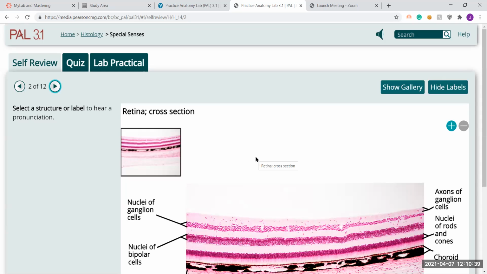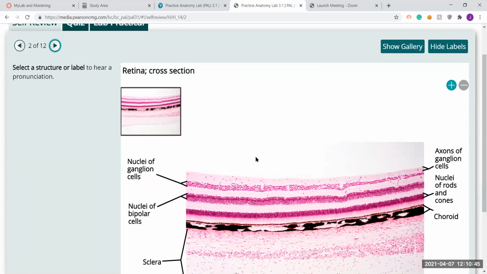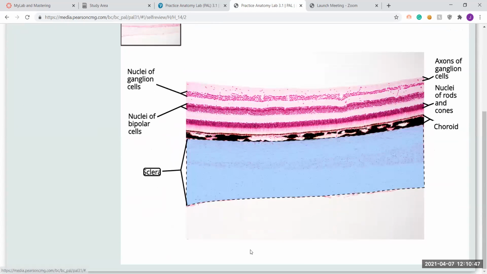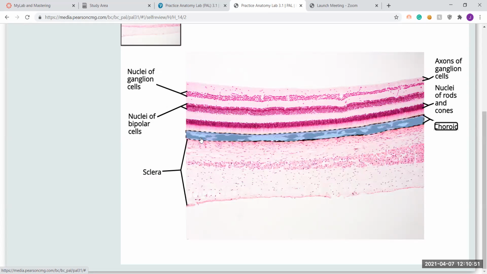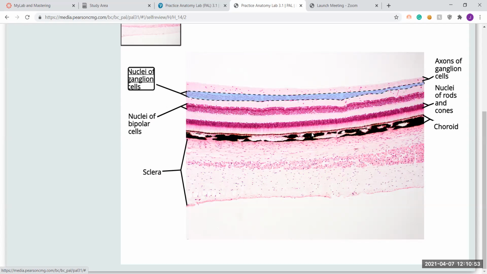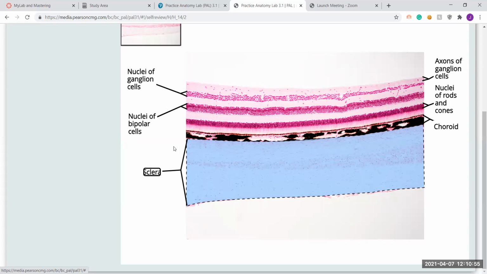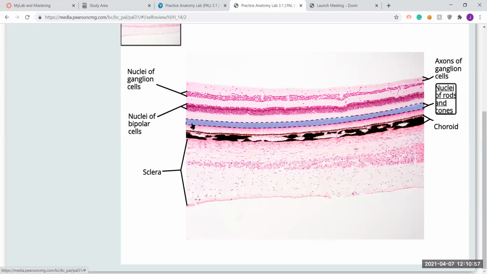Now the magnified view of the retina. What are the layers of cells in the retina? Again, this is outside: sclera, the small choroid, and then retina. Retina has several layers. The outermost layer of the retina is the nuclei of rods and cones.